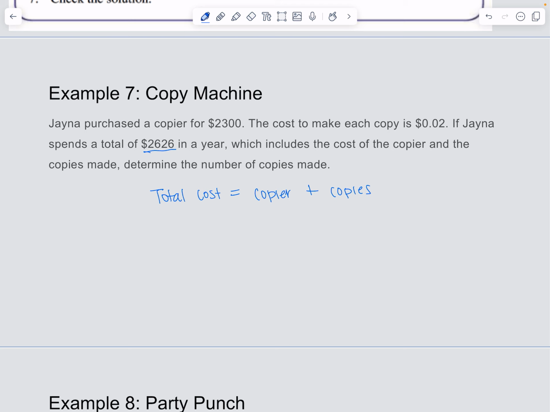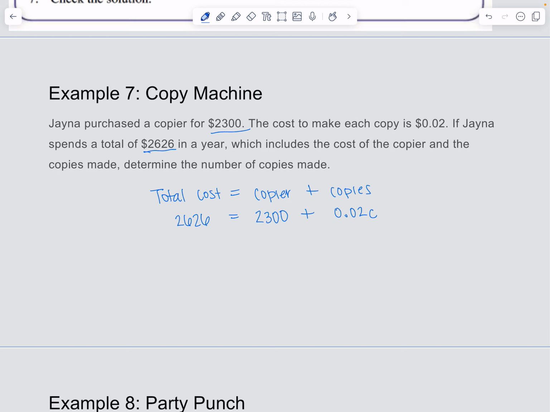So that's our total cost. We'll fill that in, $2,626. We also are given the cost of the copy machine, $2,300. So we can put that in, $2,300. And then we have the cost of each copy, 2 cents for every copy. So we'll put 0.02 multiplied by however many copies. We'll put a C. We don't know how many copies, that's what we're looking for.